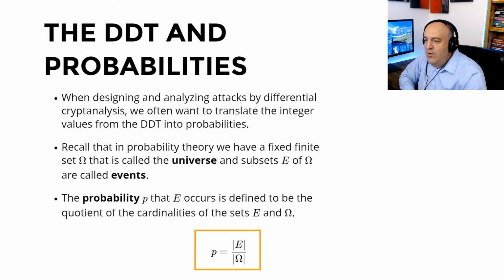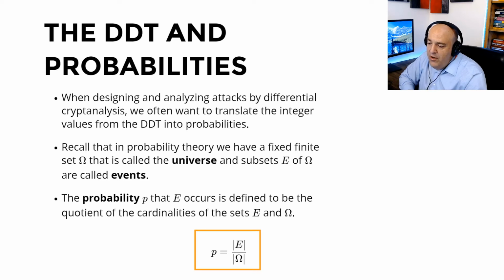Now, let's relate the DDT to probabilities. When analyzing a block cipher for vulnerabilities, we often want to translate our results from the DDT into probabilities. The values from the DDT will be integers, but probabilities are values between 0 and 1.